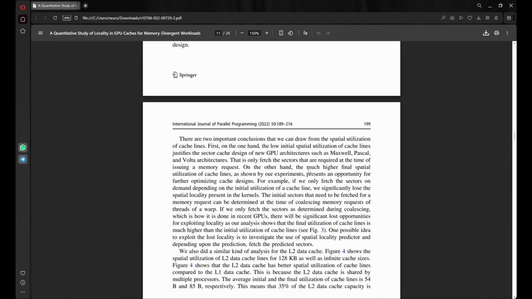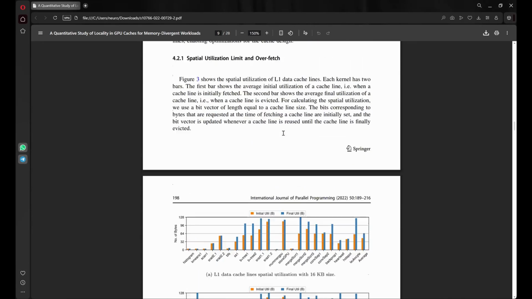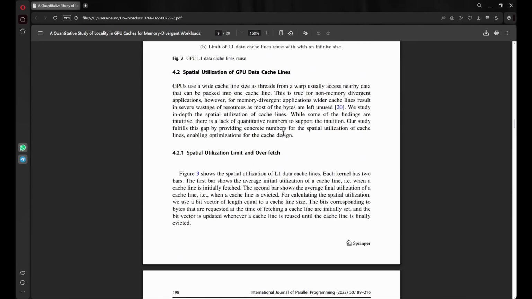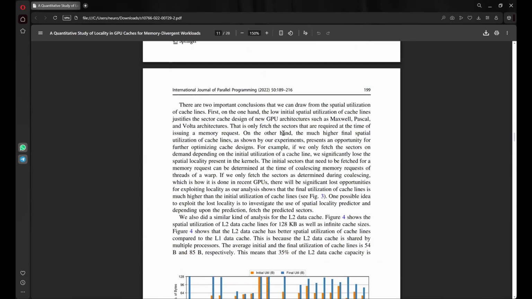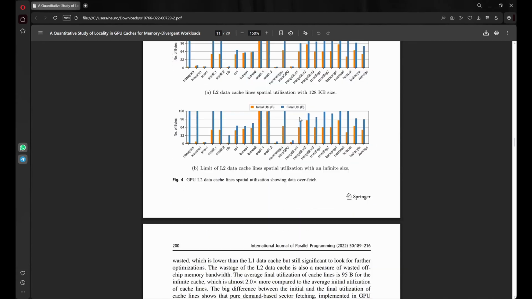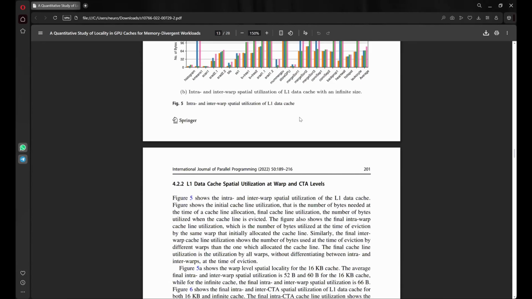If we see L1 cache, it goes from 65 to 81, I believe. Yeah, 81, which is close to 16 bytes. So we see a lot more of an increase there.